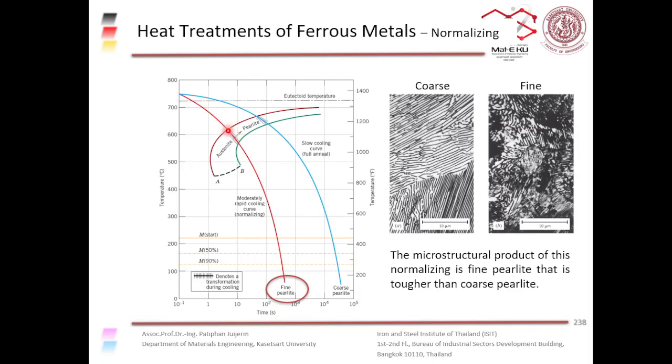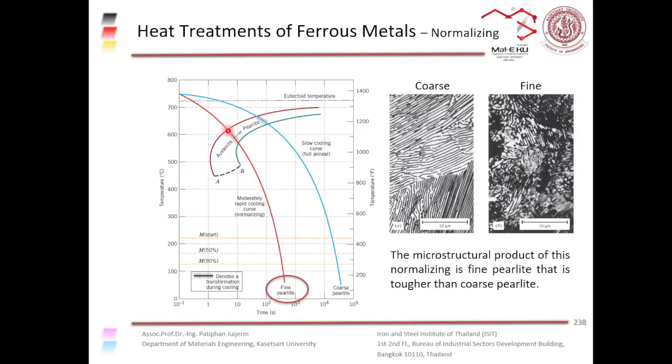The phenomenon of undercooling that you might have seen in real life is when you put a bottle of beer in the freezer for a long time, right? The freezer is at minus 20 degrees Celsius, minus 10 degrees Celsius. You leave it for a few hours. The liquid inside the bottle is at minus 10 degrees Celsius, below freezing point, but it's still a liquid.